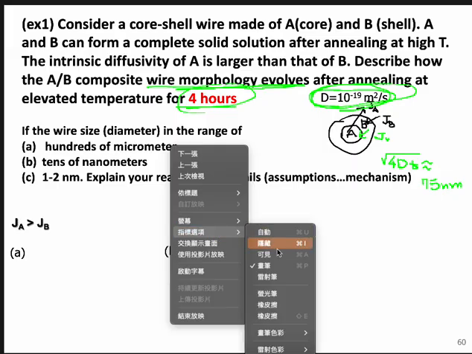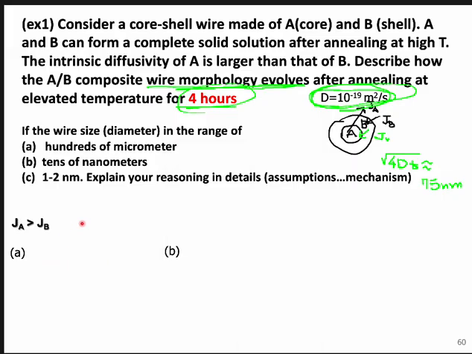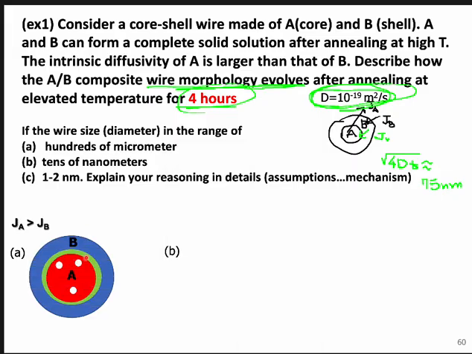So the morphology should go like this. Because the diameter is up to hundreds of micrometers, it would be 1,000 times larger compared to the diffusion length. So the diameter is much larger. The interdiffusion distance should be shown in green here.